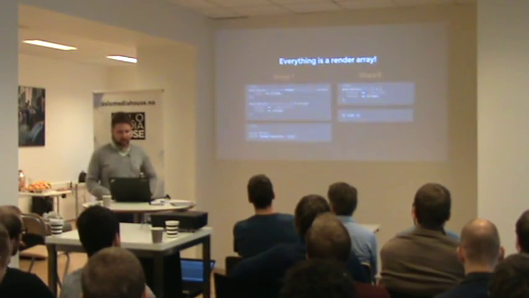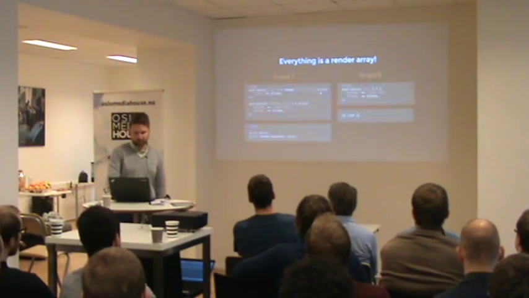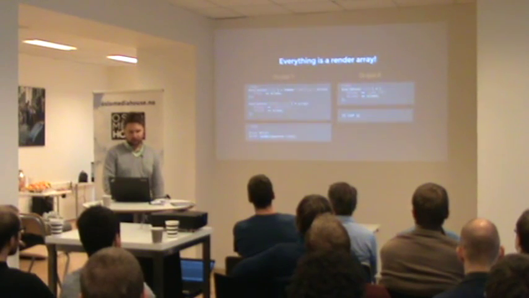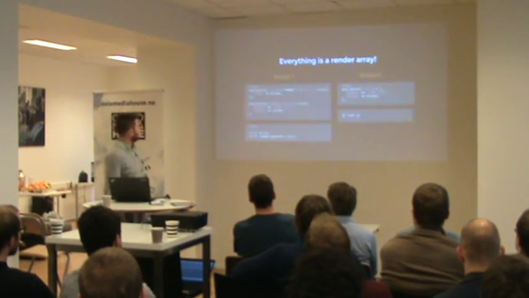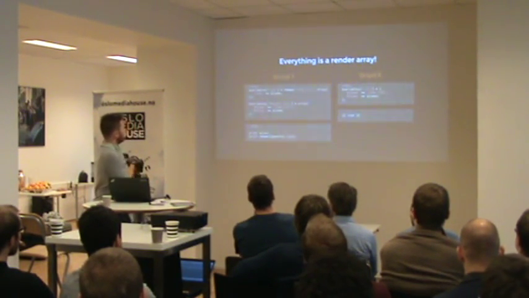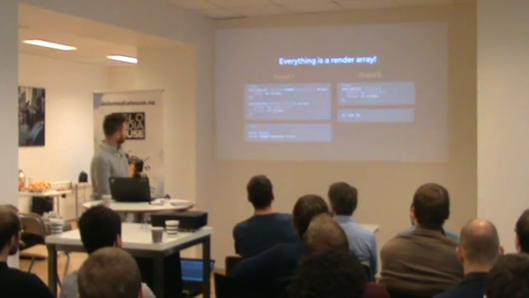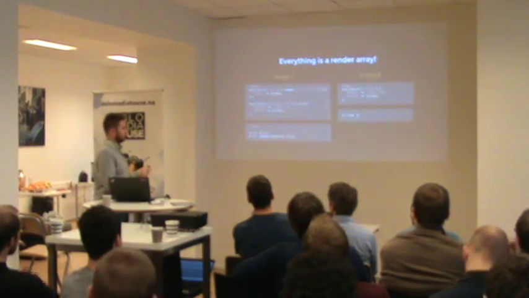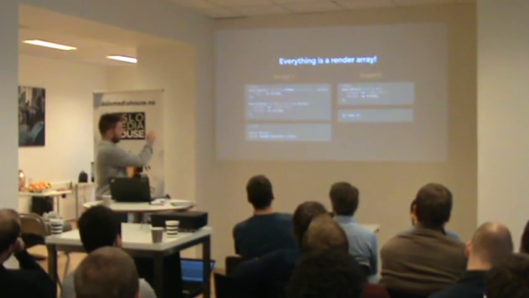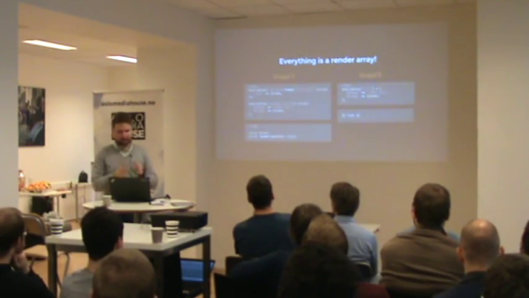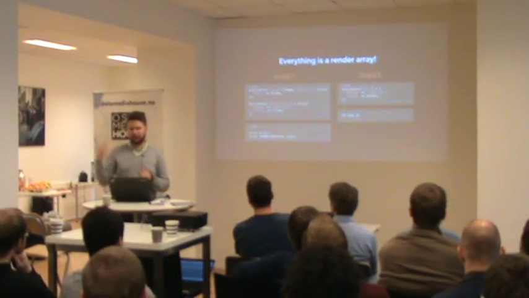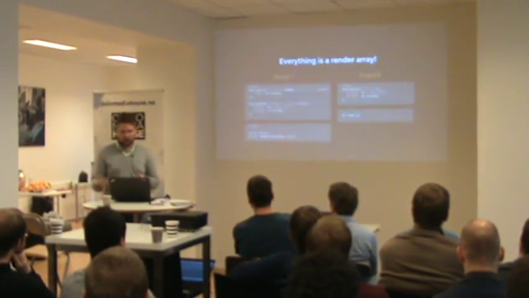So let's say if you want to print item list over there using theme function, in the template, when you're looking at things, you only have a string, so it cannot be modified after that point anymore.